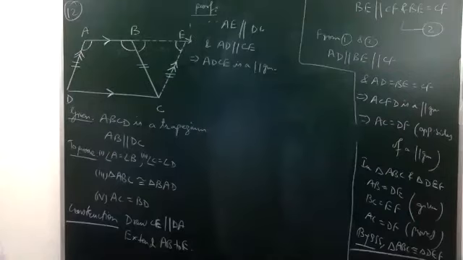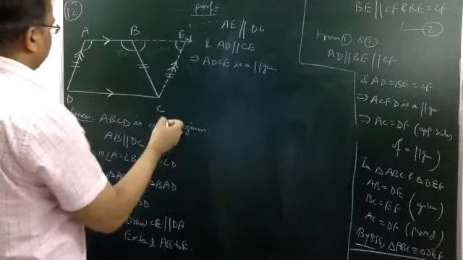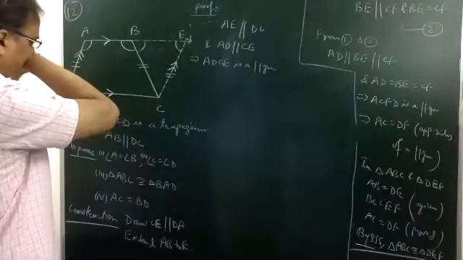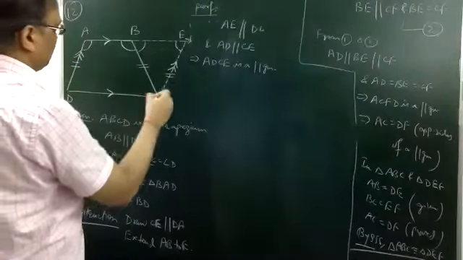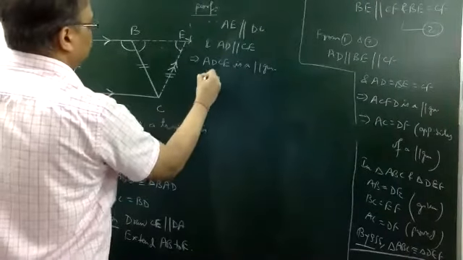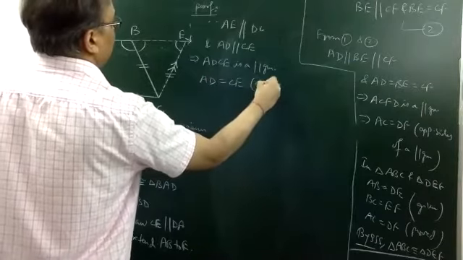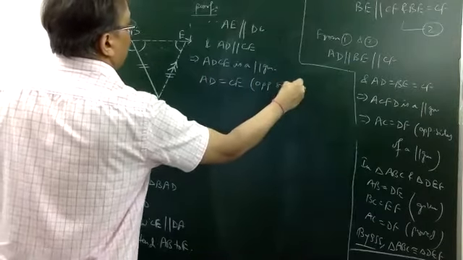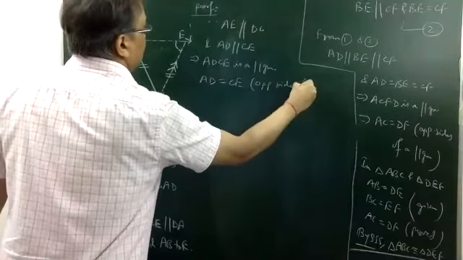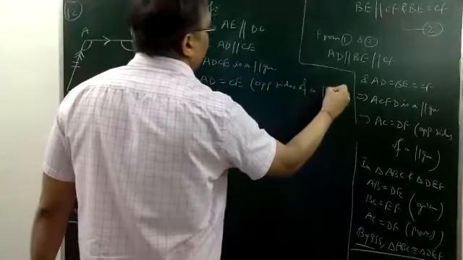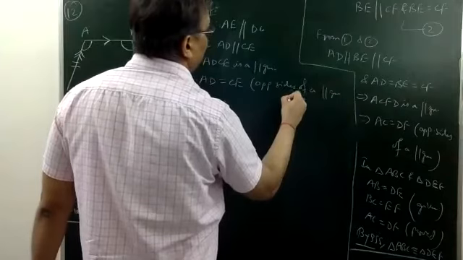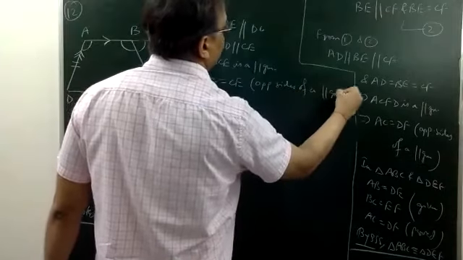Now if it is a parallelogram, we have AD is equal to CE because opposite sides of a parallelogram are equal.